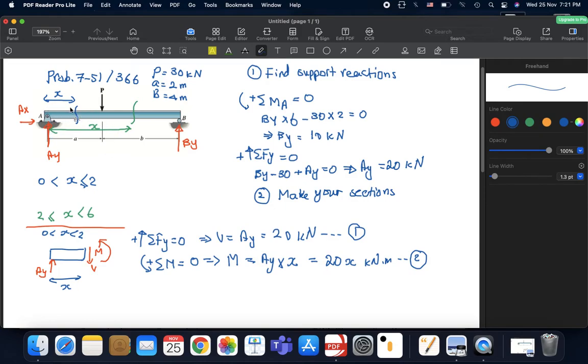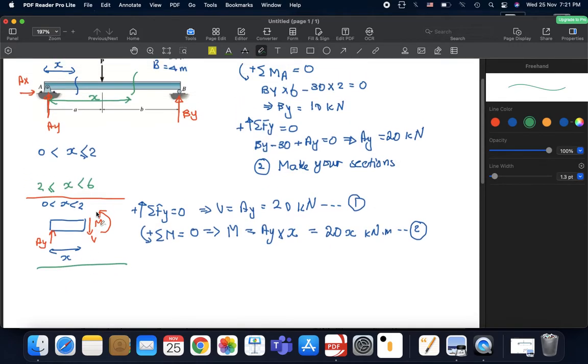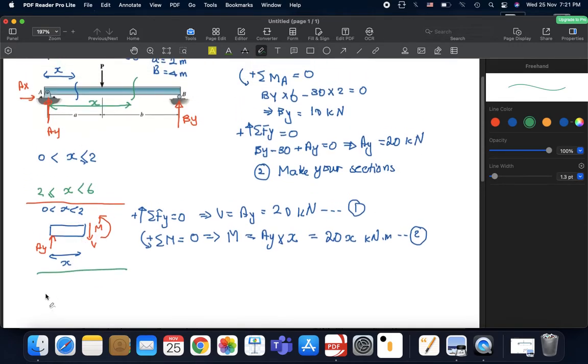So we go and draw this part. I'll just draw it in green. So this part should be up to the point that we decided we will work with. So now you remember we have AY here, right?